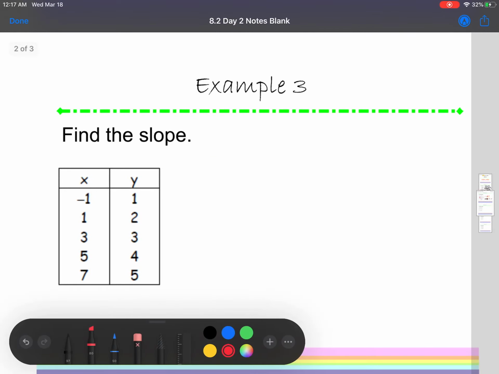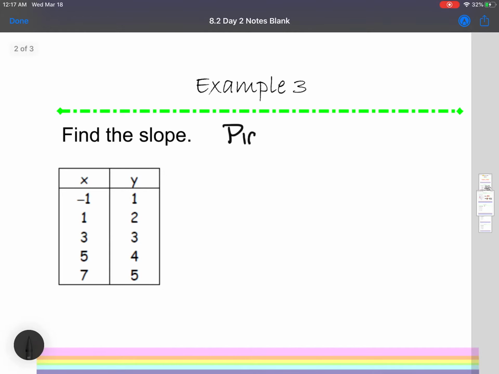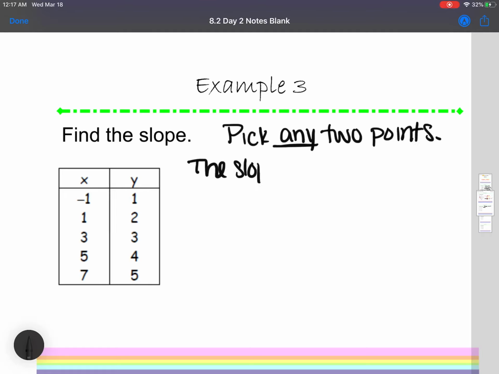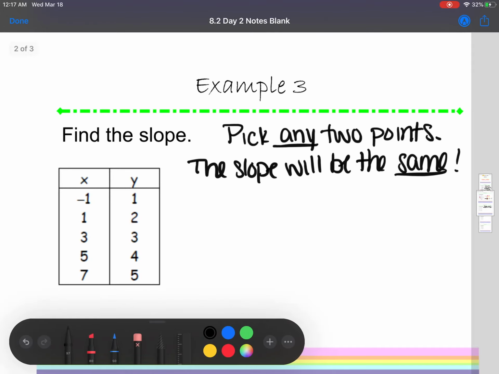So when we're working with the charts, we are going to pick any 2 points. Any 2 points, the slope will be the same, just like in yesterday's word problem. So I'm going to show it using some different points.